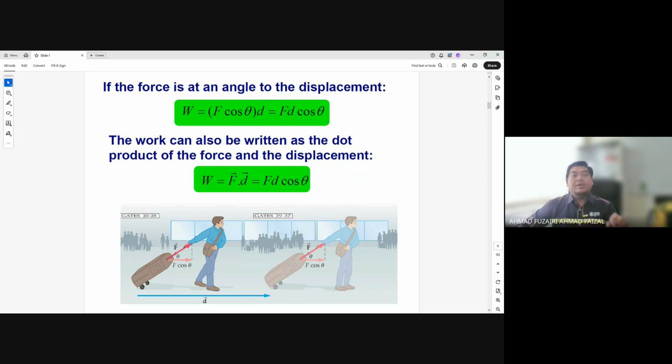So when you write W equals F D, it is actually F D cos theta. When force is parallel to the displacement, theta is 0, and cos 0 equals 1.